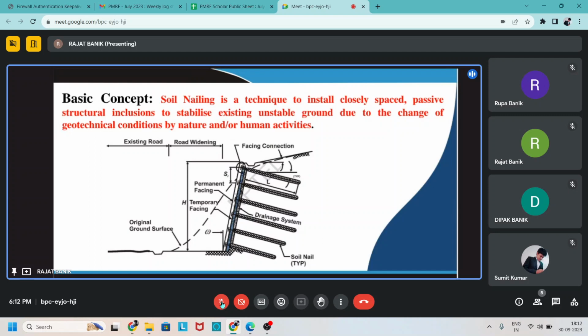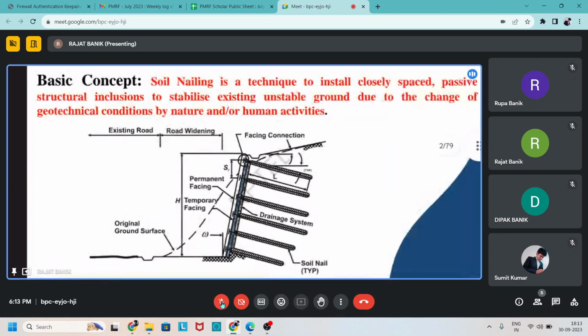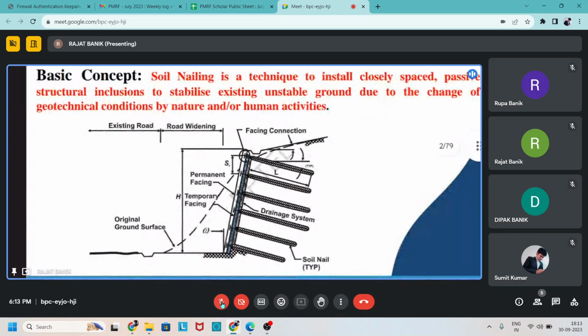Soil nailing is mostly used for stabilization of slopes. In the figure, you can see omega, which is the face angle of the soil nailing, L showing the length of the soil nail, and S showing the spacing between the soil nails.